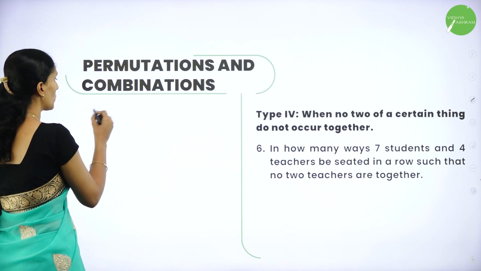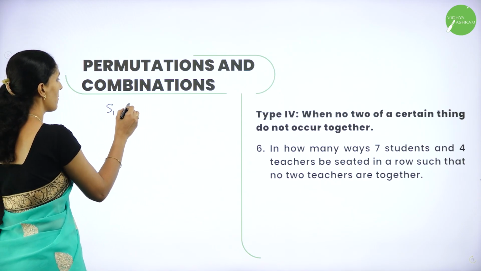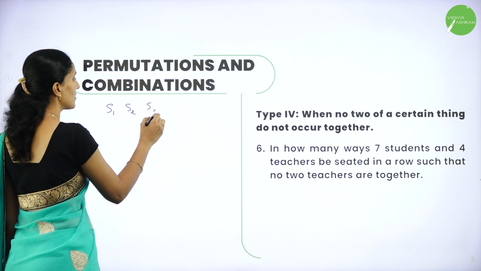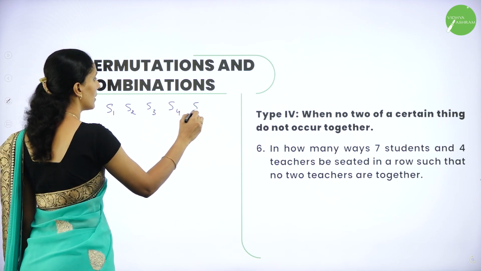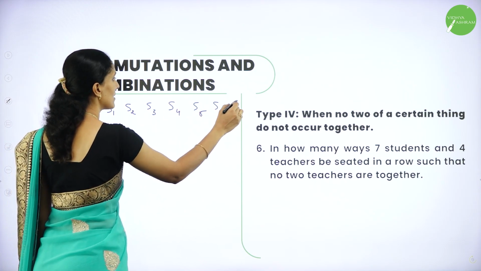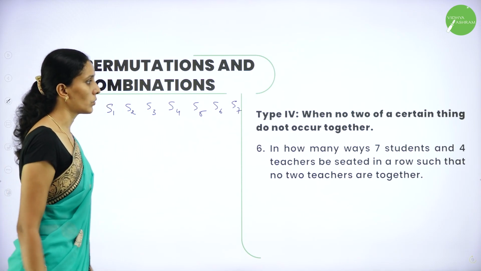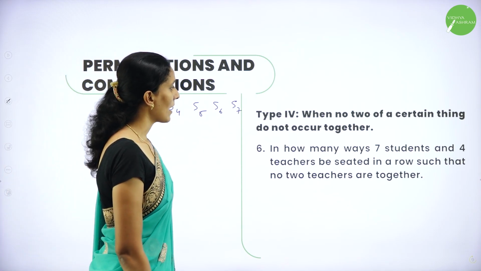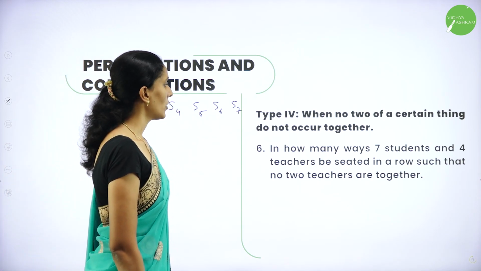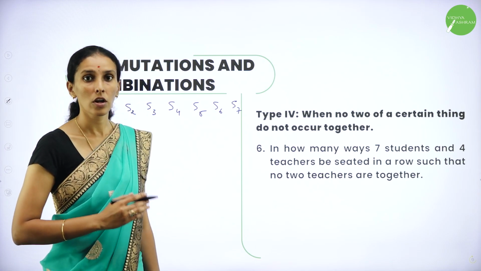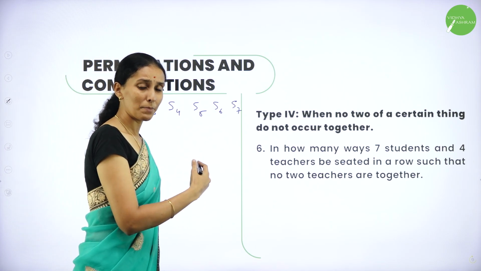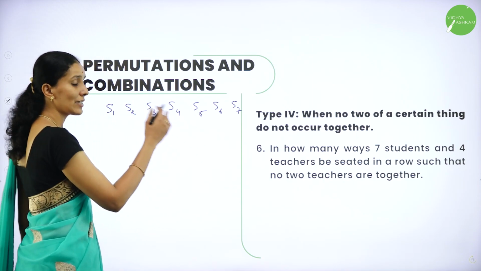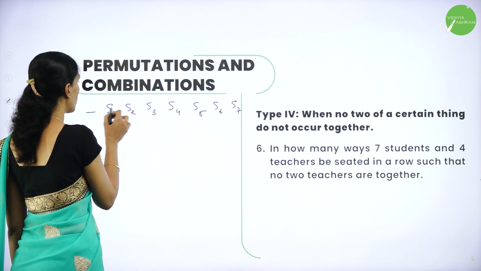I'll write them as S1, S2, S3, S4, S5, S6, S7. So these are 7 students, and 4 teachers can be seated in a row such that no 2 teachers are together. As in the previous example, teachers have to be filled in the places between students.